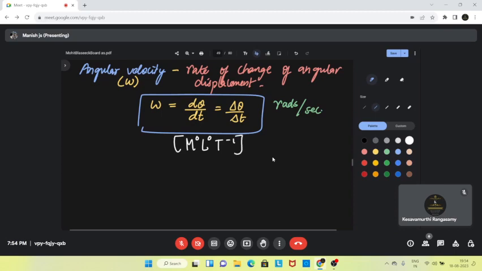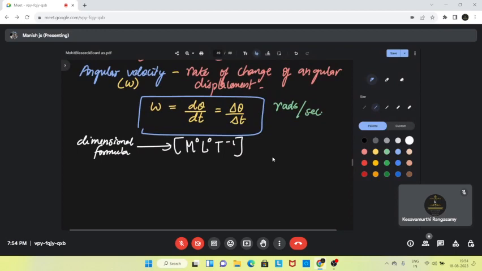Why am I putting minus 1? You can see T is in the denominator. You bring it to the numerator, the power becomes negative. So T power minus 1. So this is the dimensional formula for angular velocity. So this is a basic idea, the concept of angular velocity.